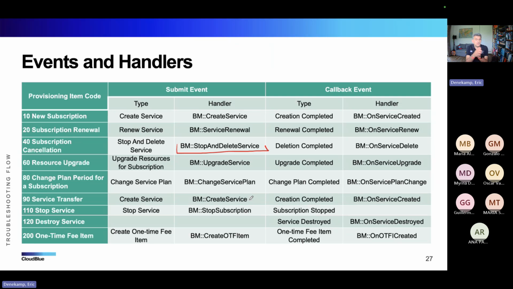Of course, if successful, we get a callback that says deletion completed, which means that if you look at the flow itself, you would get a BM : on service delete. So it was successful. Or we have a BM : on service deletion failed. So this is how things work. Provisioning items are key in your process.